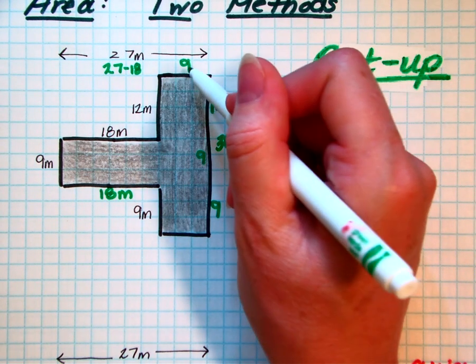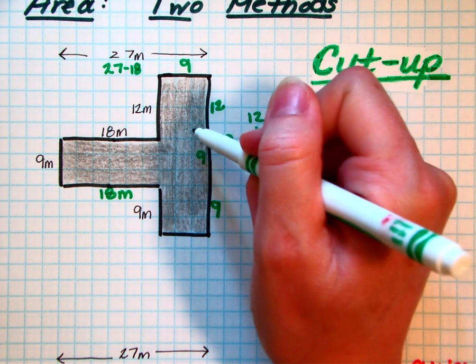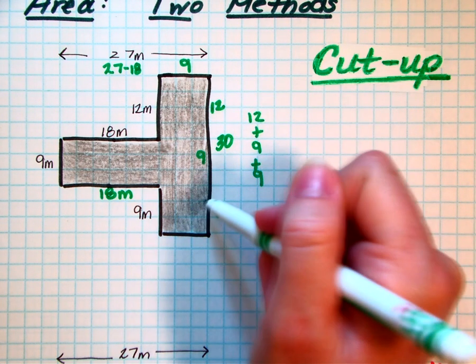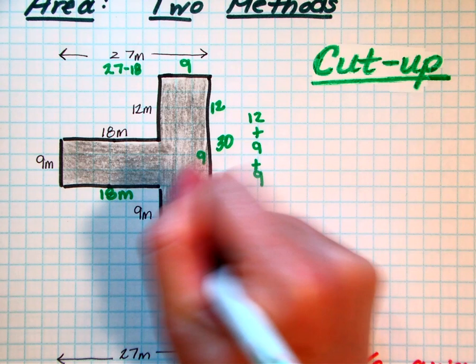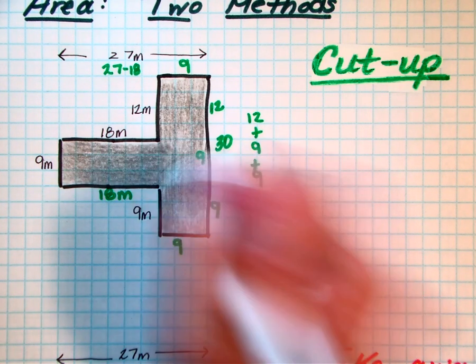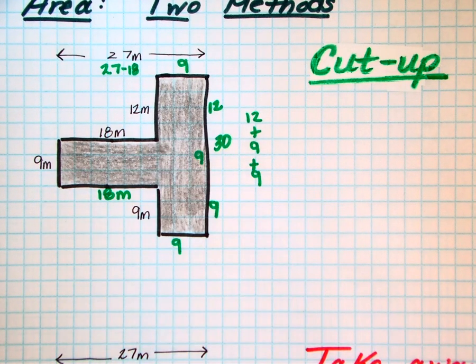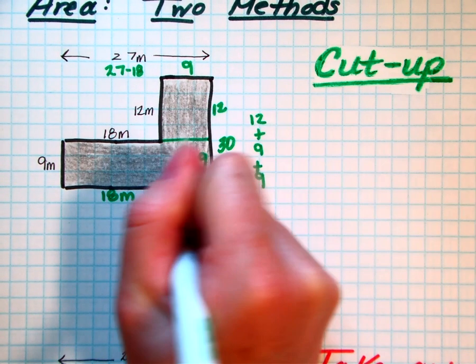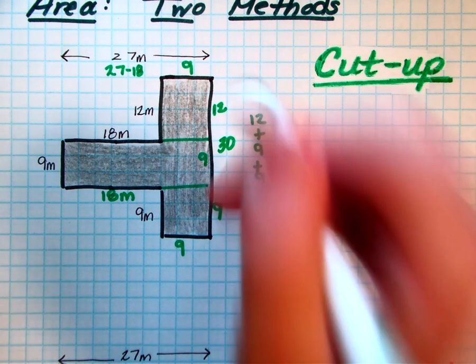So I could do 9 times 12 and get this rectangle, and 9 times 9 and get this one, and 9 times 9 and get this one, and 9 times 18 and get this one. I can cut it up into 4 if that's something you want to do. Which seems convenient to me.